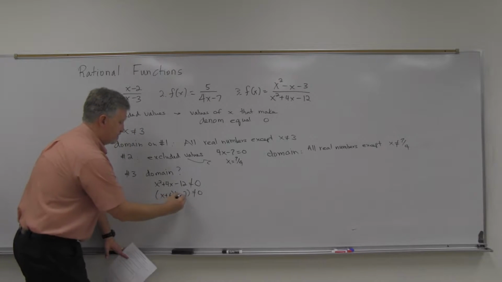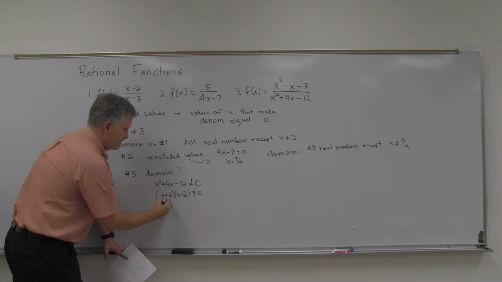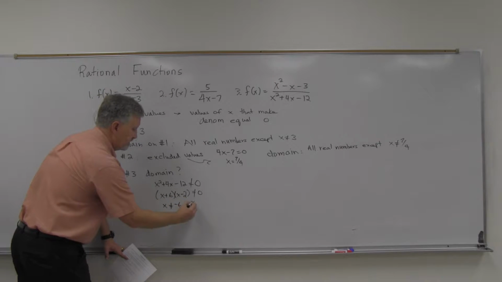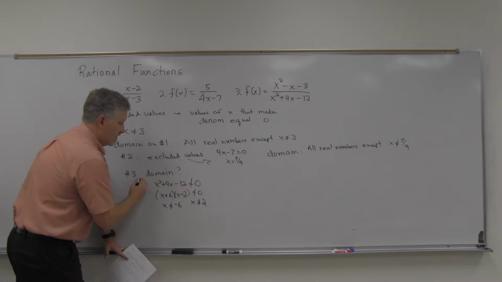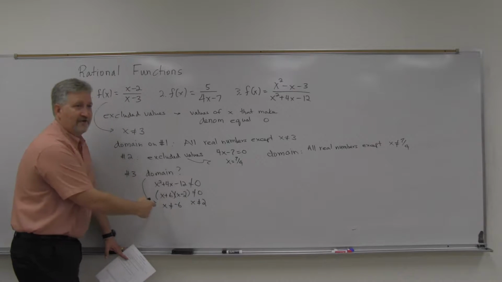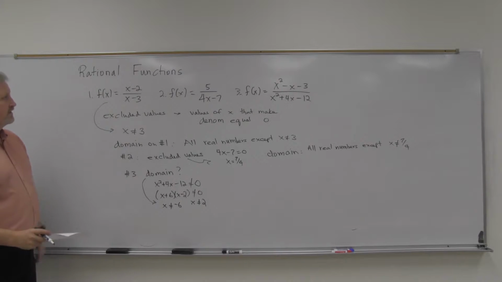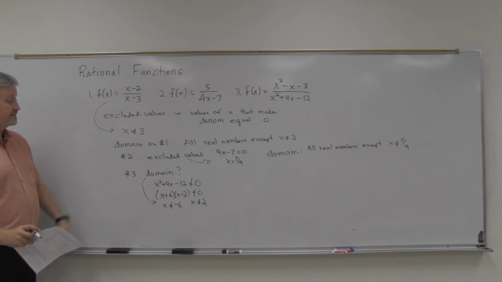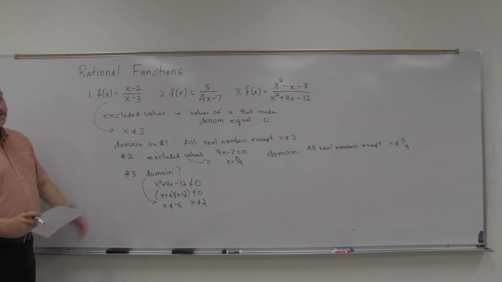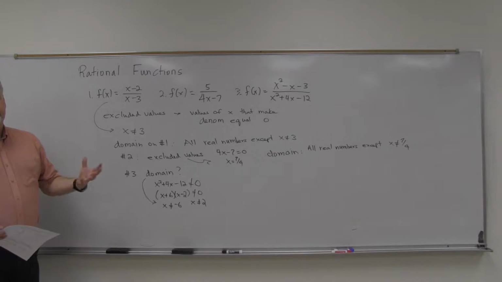So it'll be plus 6 and minus 2, so x could not be negative 6, and x could not be positive 2. And so my domain is everything except those. So if it asks for a domain on these rational functions, that's what we're looking at, just setting the denominator equal to 0 and excluding those.